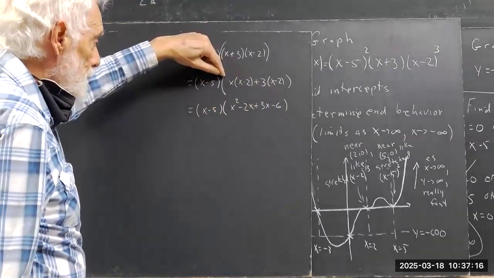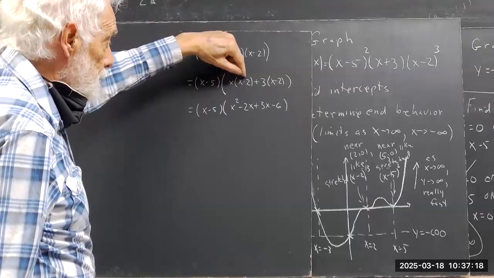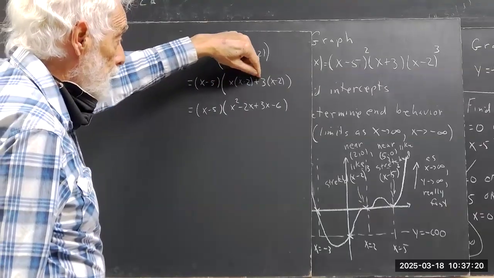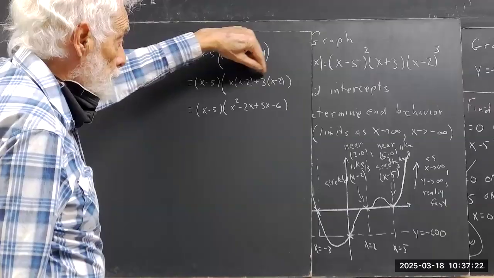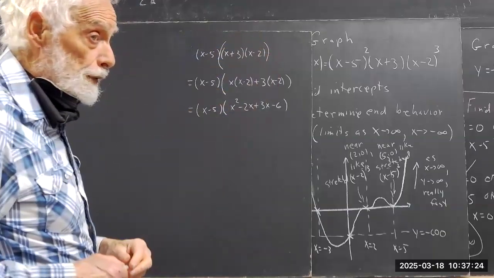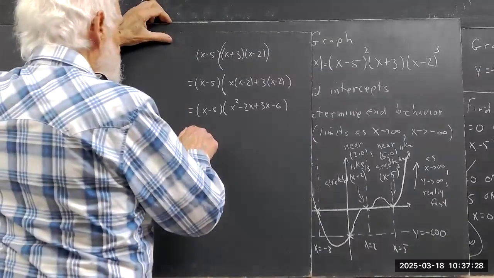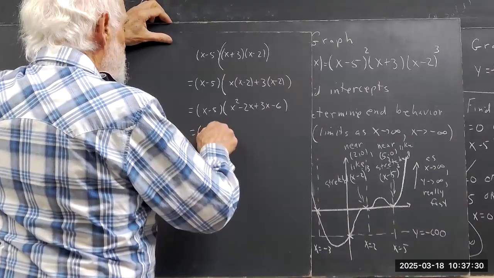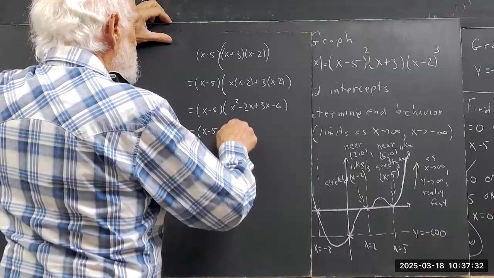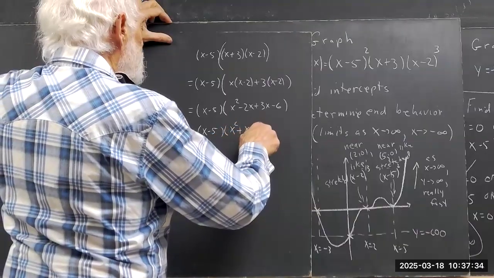And that's easy. Just x times x gives me x squared, x times negative 2 is negative 2x, 3 times x is 3x, and 3 times negative 2 is negative 6. That's how I put it there. So that's x minus 5 times x squared plus x minus 6.